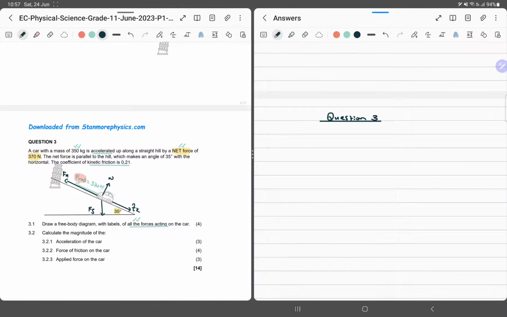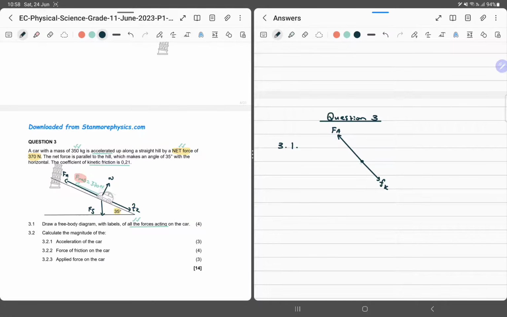Okay, so 3.1. We know that we want all the forces, not the resultant force. So we've got our force applied, which is probably the engine of the car, and then we've got our frictional force here, which is Fk.